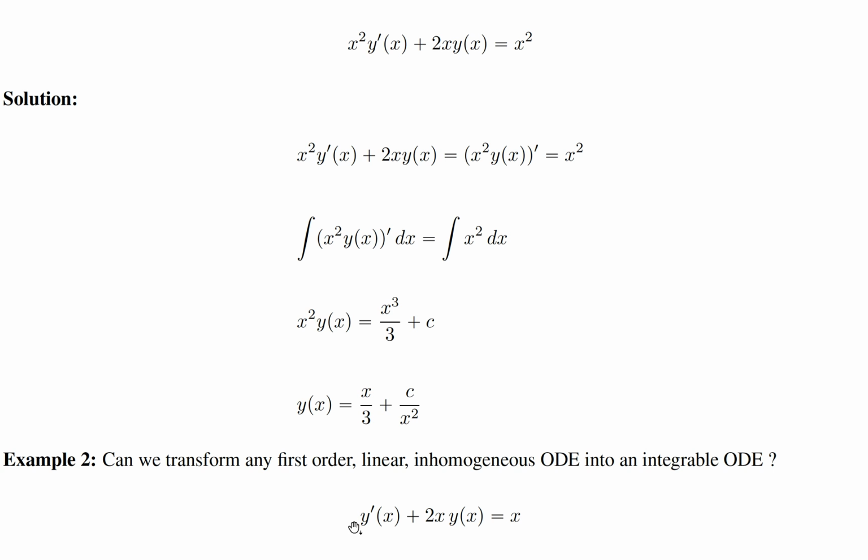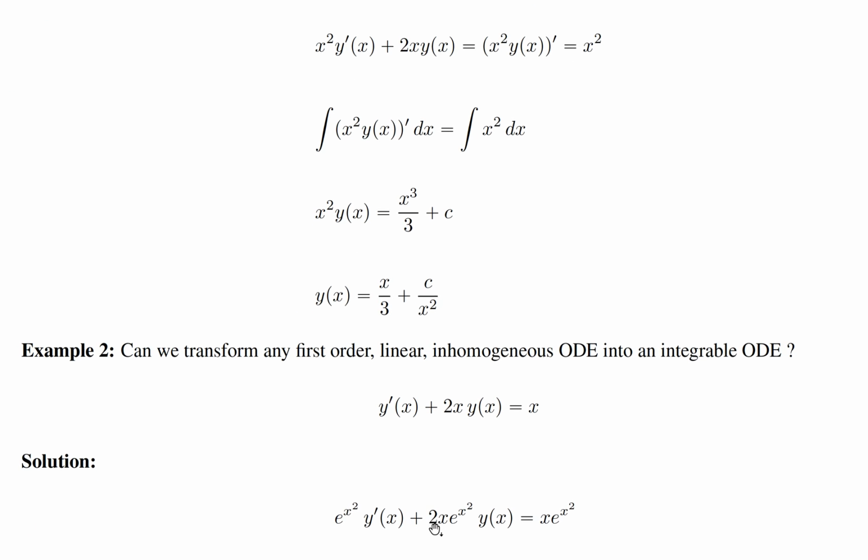Note that the function of x, its derivative should be equal to 2x times the function itself, so that I can write my left hand side as the derivative of some function of y. An educated guess in this case would be that I can multiply my ODE by a function which is in this case e to the power x squared, because the derivative of e to the power x squared is 2x times e to the power x squared.